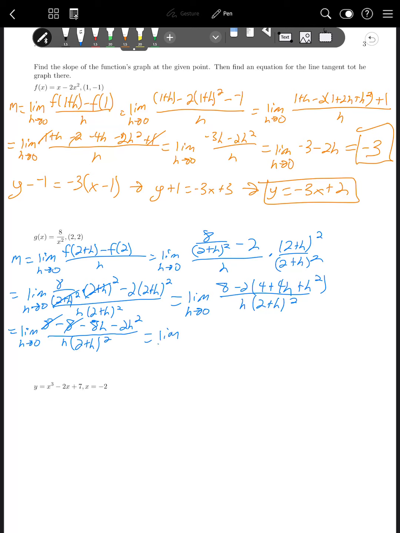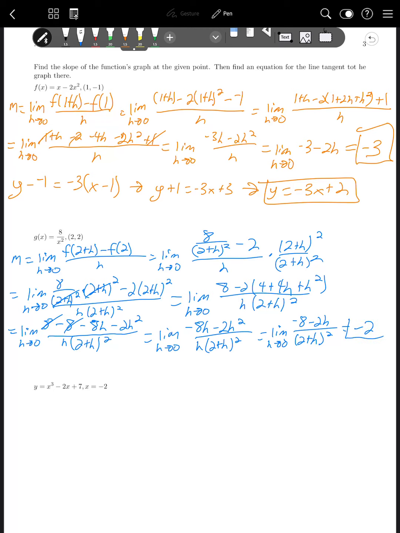So this is the limit as h approaches 0 of negative 8h minus 2h squared over h times 2 plus h squared. Cancel out an h. So this is the limit as h approaches 0 of negative 8 minus 2h over 2 plus h squared. Plug in 0 for h, and this becomes negative 8 divided by 4, which is negative 2.